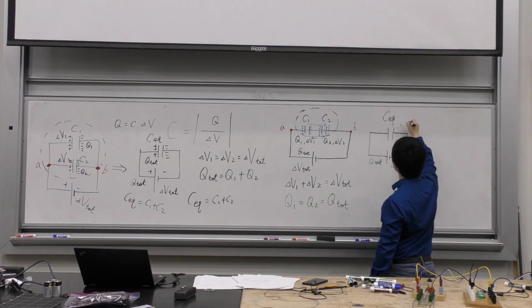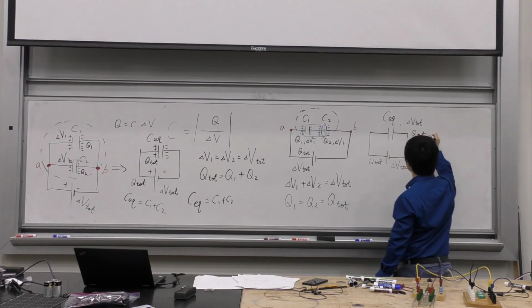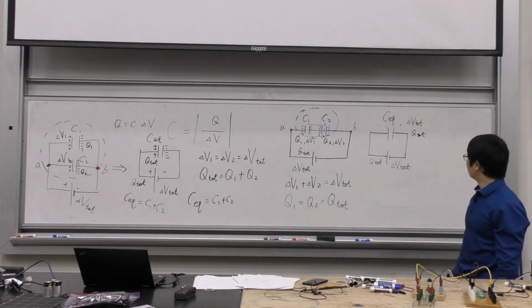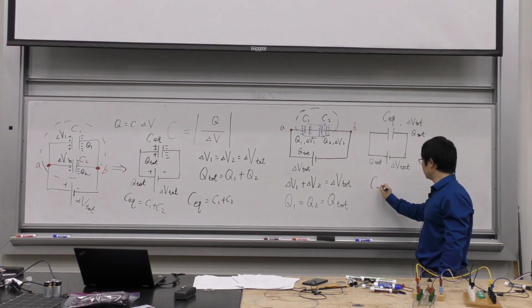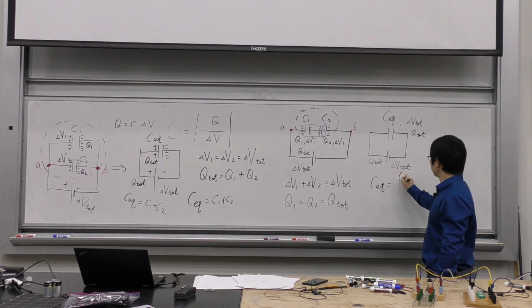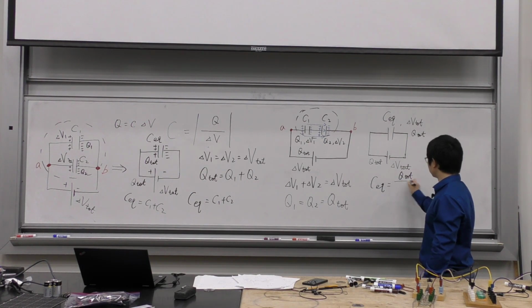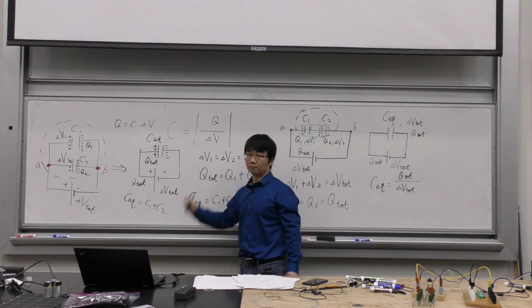So this guy still gets V total from the battery because it's the only guy connected to the battery, and Q total from the battery. Now, CEQ is still going to be Q total over V total for sure, because that's the definition of capacitance.